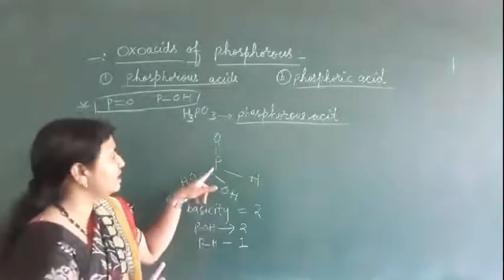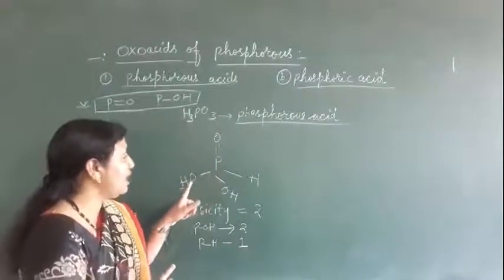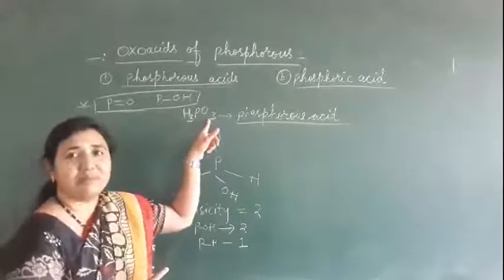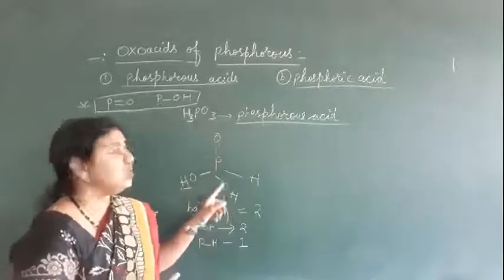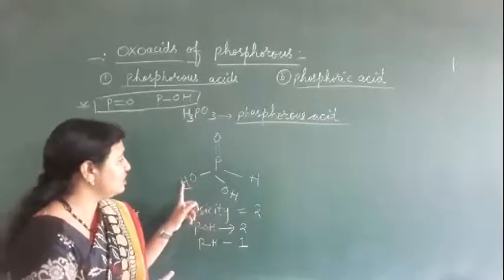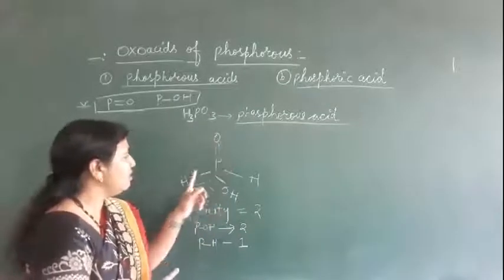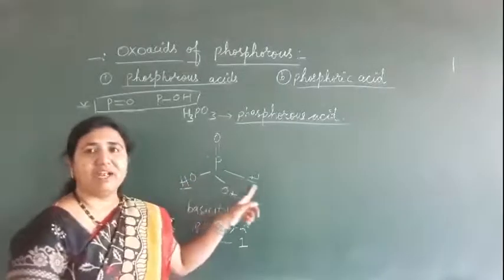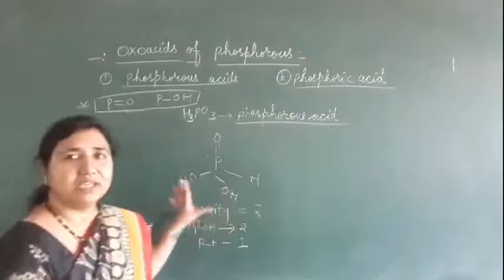Just draw P double bond O and OH, which is compulsory. Then add the hydrogens and oxygens that remain. So 3 oxygens and 3 hydrogens: 1 oxygen as double bond O and 2 oxygens as OH, and 1 hydrogen will remain here. Clear?